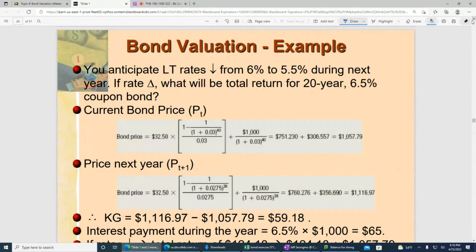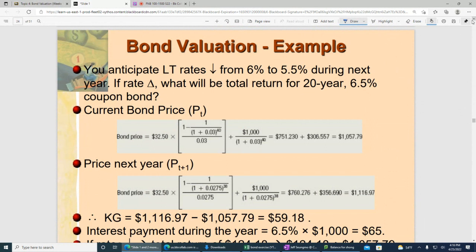This is a bond investment strategy when we can anticipate interest rate changes. First of all, you anticipate long-term rates to go down from 6% to 5.5% during next year.